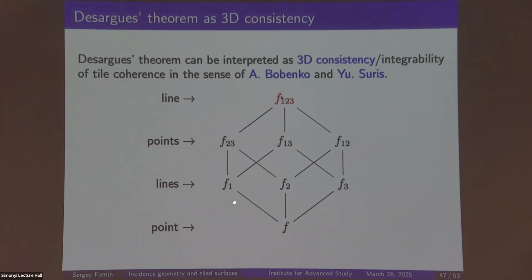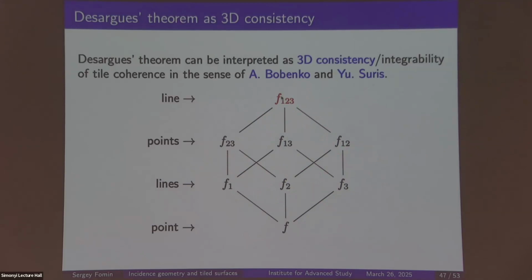And these seven objects are such that the three quadrilateral tiles here at the bottom, 1, 2, and 3, are all coherent, then Desargues' theorem says that there exists a unique line here at the top such that the three tiles incident to the top vertex of the cube are all coherent.